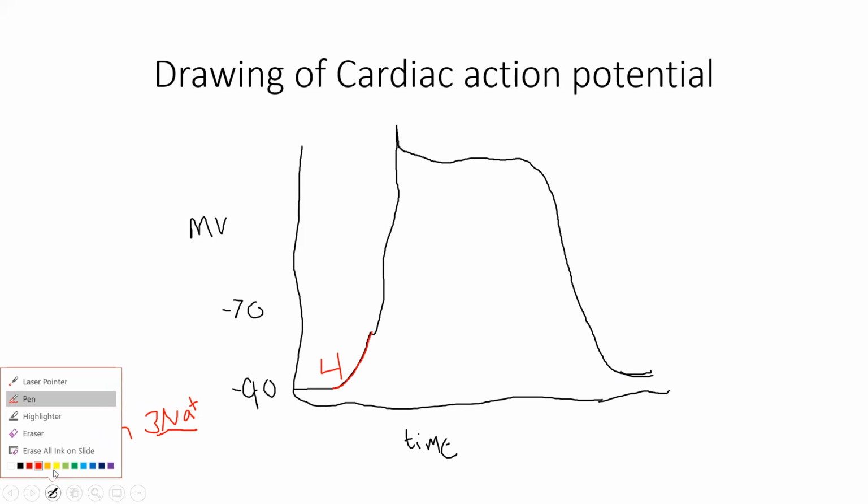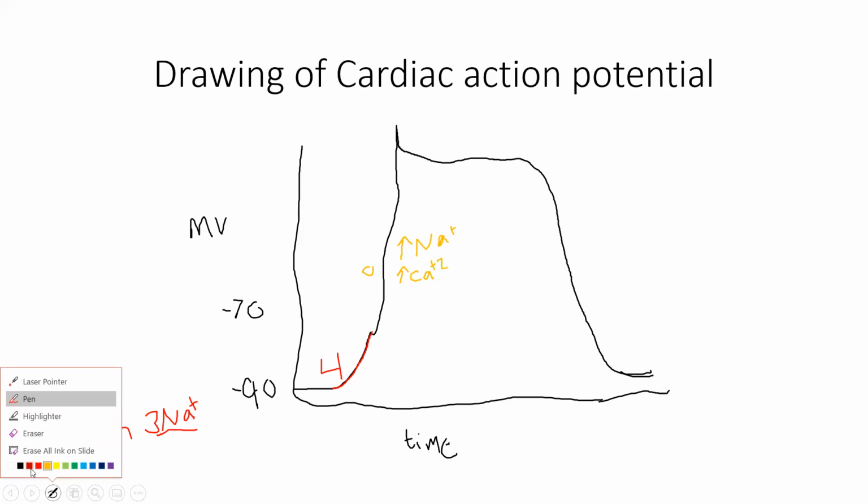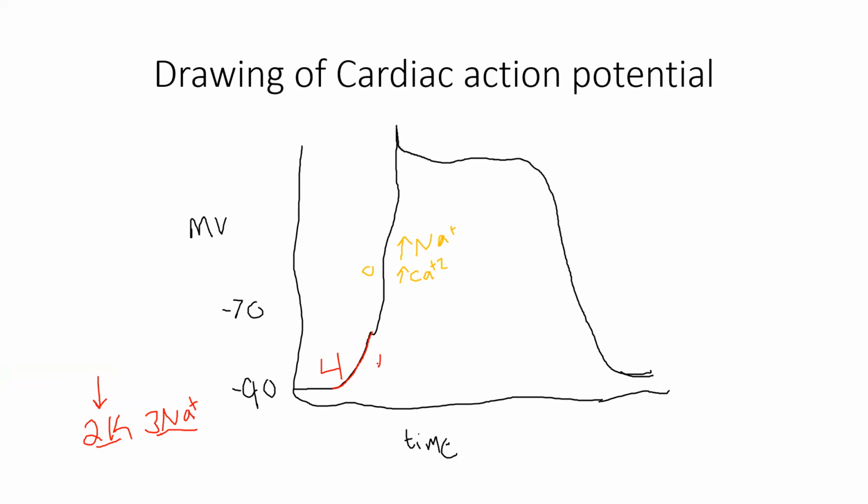Here is phase 0. Phase 0 is going to cause a lot of sodium channels to open up, so sodium comes in. There also is a little bit of calcium, causing it to go up pretty quickly. I did forget to mention that with this increase right here, the red line, there is some sodium coming into the cell, making it more positive to reach threshold.